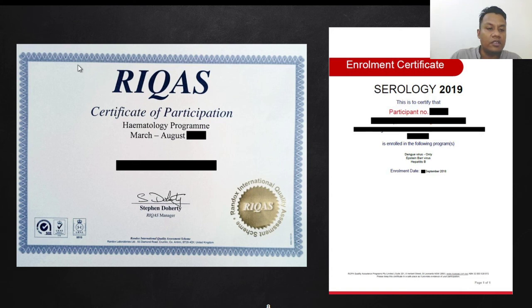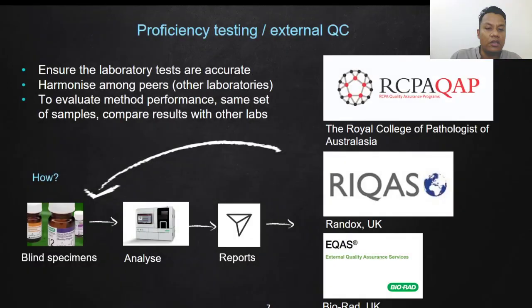By having this certificate, it will be used as proof that the lab is able to produce quality results, because we are able to reproduce the result expected by the testing bodies.